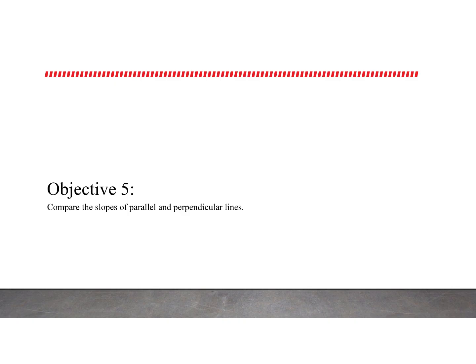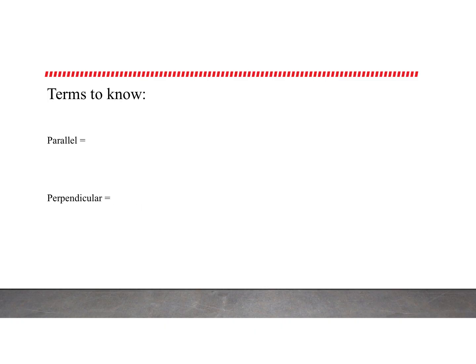All right, our last objective here, objective 5, we want to compare the slopes of both parallel and perpendicular lines. Before we can do that, we need to define them both. So think of parallel lines. They are two lines going in the same direction with an equal amount of space between them.